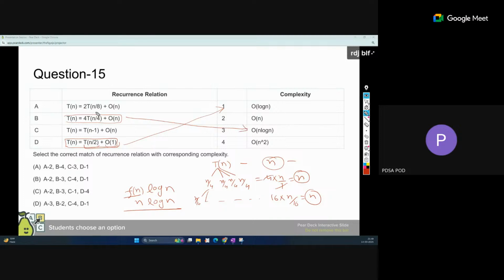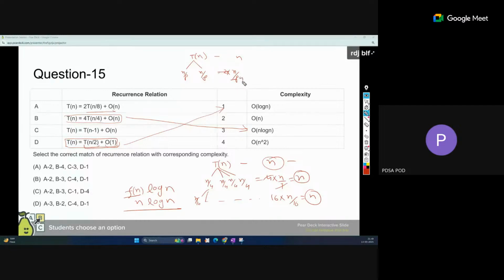Okay. So what about this one? Let me calculate this also. So T(n) has n, then now two calls are there, n by 8 and n by 8. So that means 2 into n by 8.